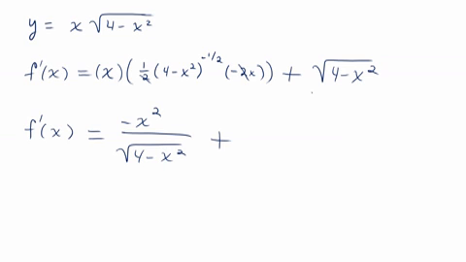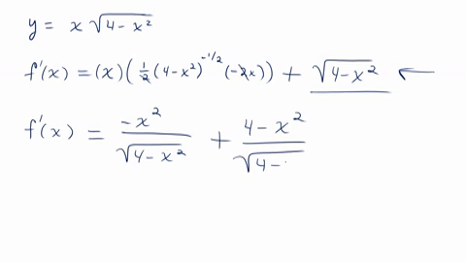plus this term here. To get a common denominator, we're going to multiply top and bottom of this by the square root of 4 minus x squared. In doing so, we would get 4 minus x squared over the square root of 4 minus x squared. We can now combine these two into one.